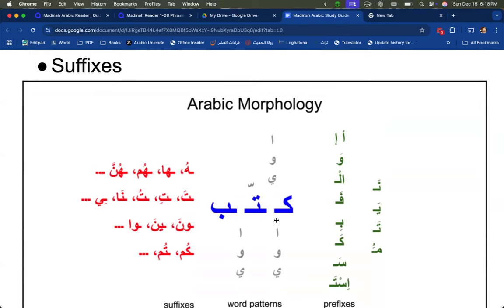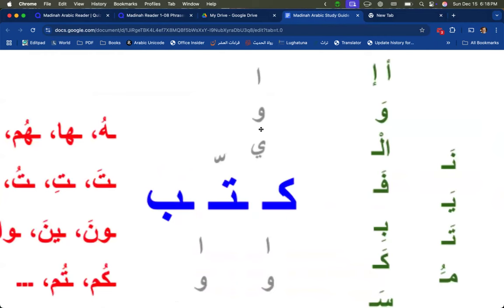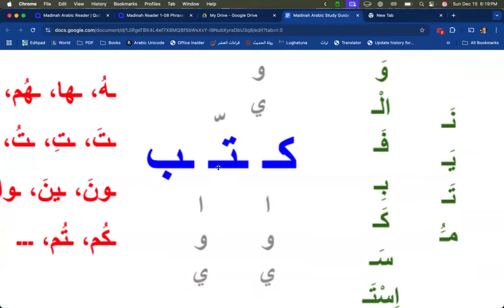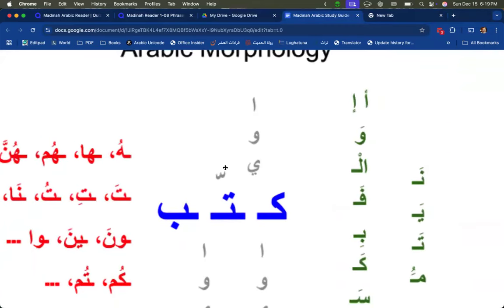And then in the middle of the word, you can put different vowels to make different kinds of words. If you put an alif here, for example, it becomes kitab, right? Those are the vowels you can put in the middle of the three letters to make different kinds of words, right?